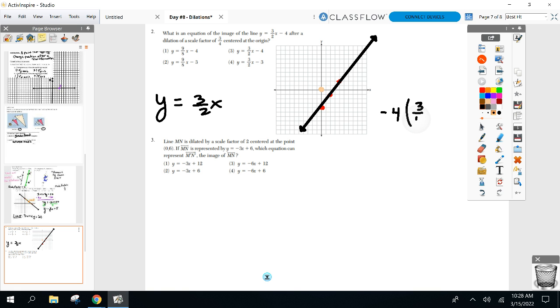So I take my scale factor and multiply it by the y-intercept, and that'll produce the new y-intercept. So -4 times 3/4 ends up being -3.